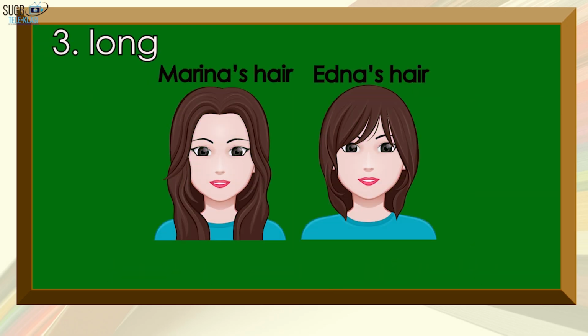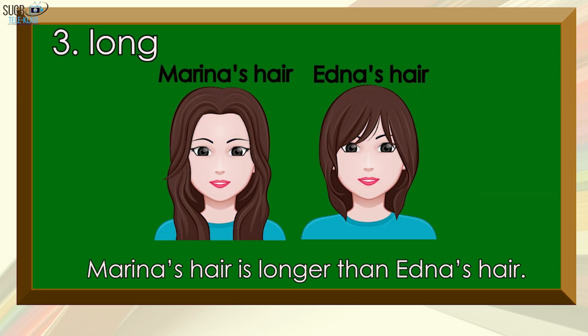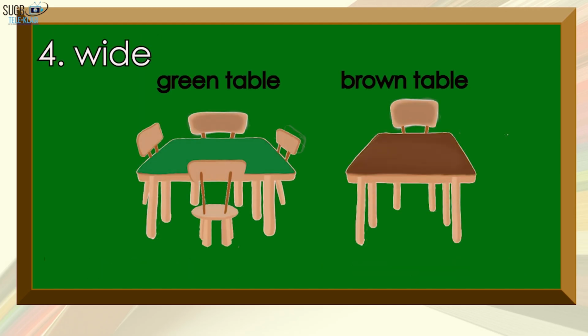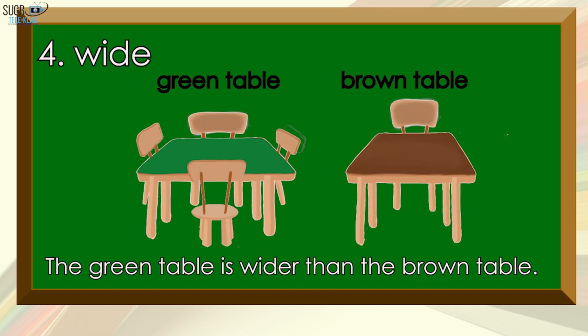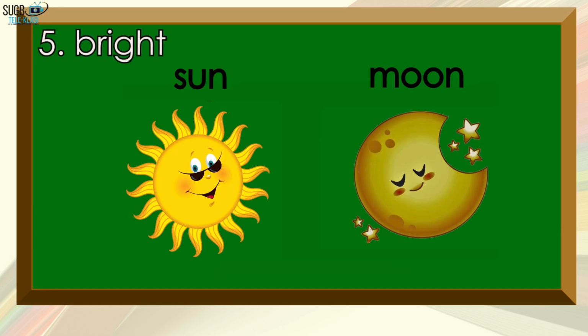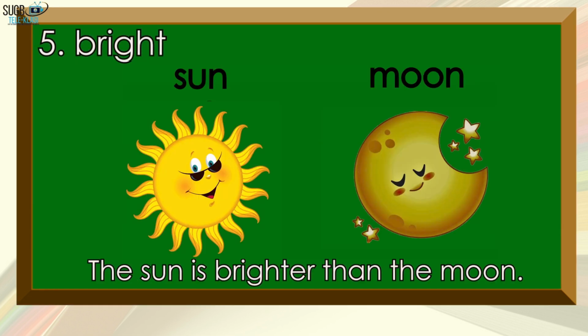For number 3, if you answered Marina's hair is longer than Edna's hair, then you did a great job. For number 4, if you answered the green table is wider than the brown table, you are amazing. For number 5, if you answered the sun is brighter than the moon, you are excellent.